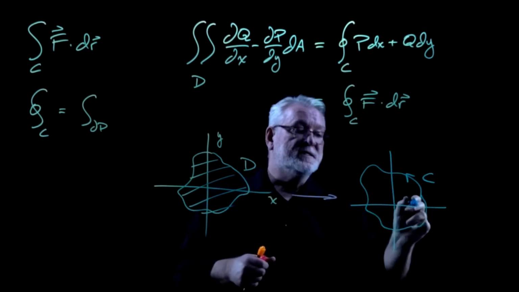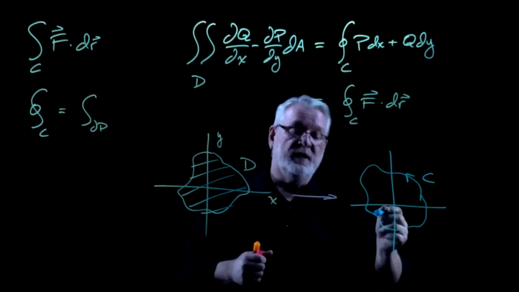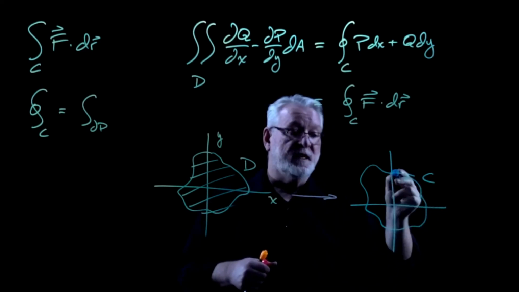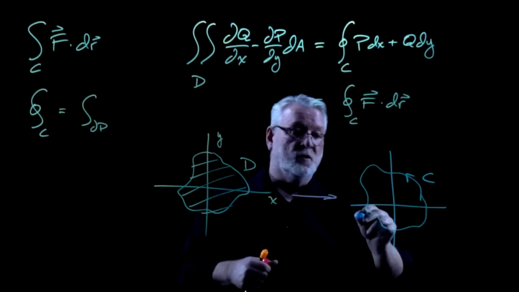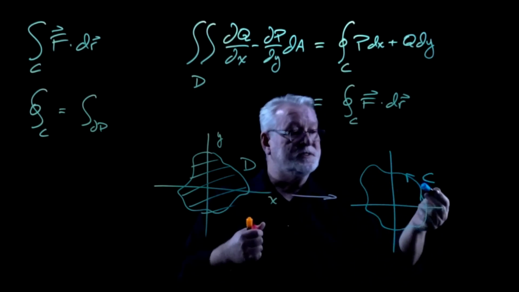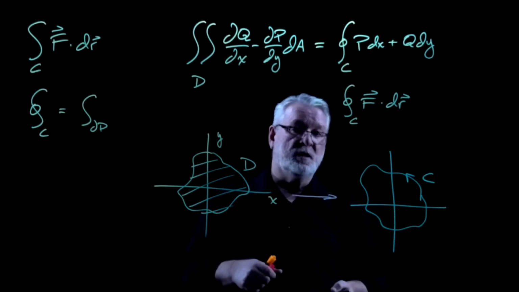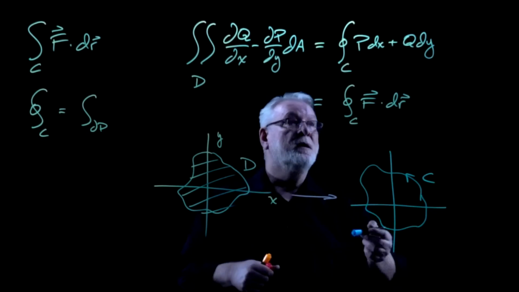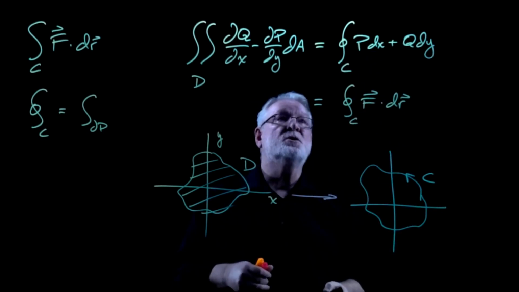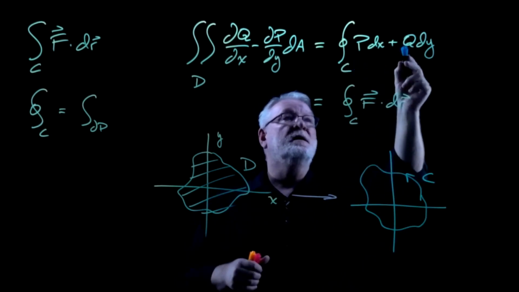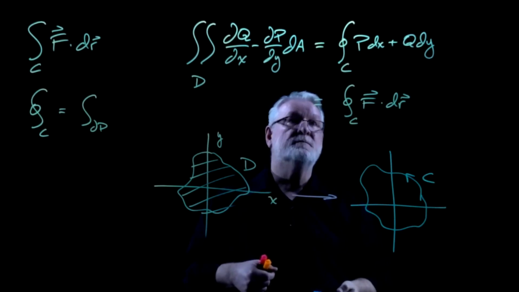Well, clearly some path curves through the xy plane are fairly easy to integrate. A good example would be a circle centered at the origin. Be very easy to integrate that from 0 to 2 pi, and of course that would be in the counterclockwise direction, and I could actually build a vector function that would trace out that curve. That means I could integrate this directly, just inserting the functions for p and q, and then substituting if in fact I'm going to use polar coordinates.